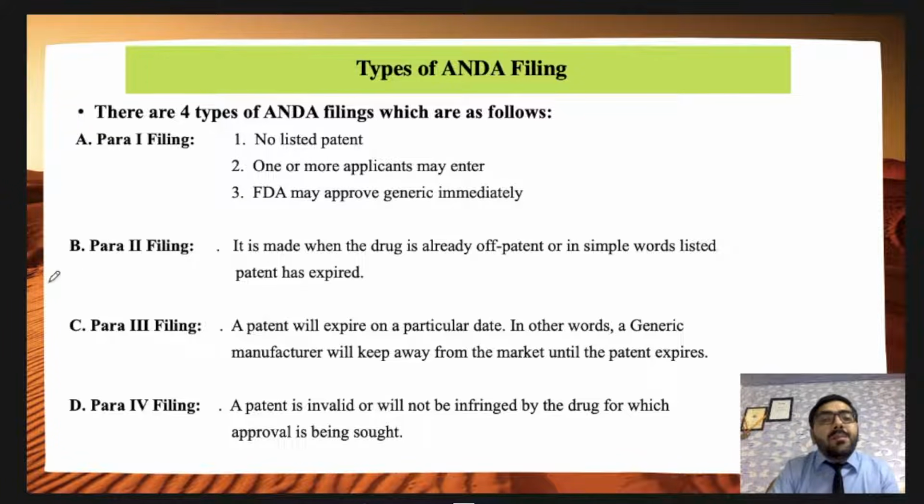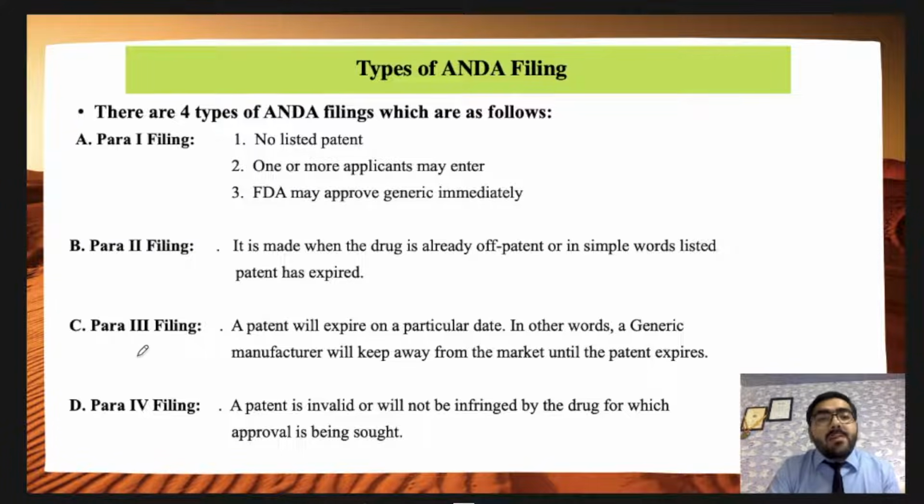Then para 2 filing is made when the drug is already off patent. In simple words, the listed patent has expired. Only then can we use para 2 filing to submit our ANDA for generic drugs.